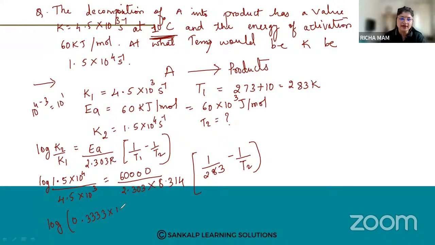So into 10 raised to 1 is equal to, what is 2.303 into 8.314? This is 60,000 divided by 19.147, then 1 by 283 minus 1 by T2.